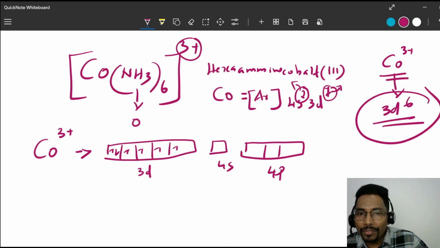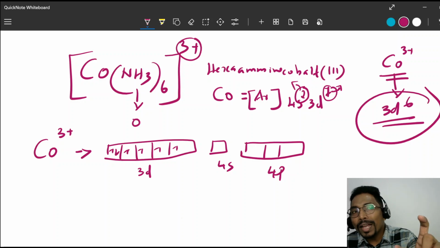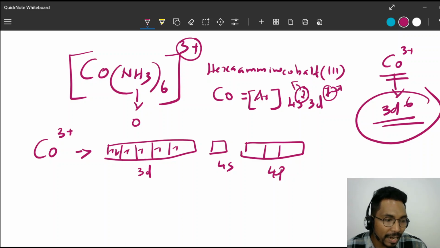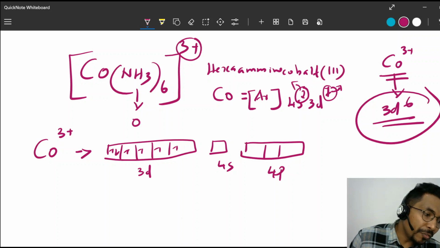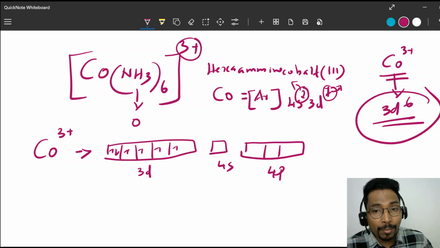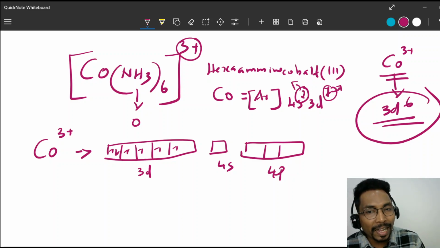Now you have to check how many ligands are there in that particular complex. You can see from the complex that 6 ammonia ligands are there. Each ammonia ligand comes with a pair of electrons.